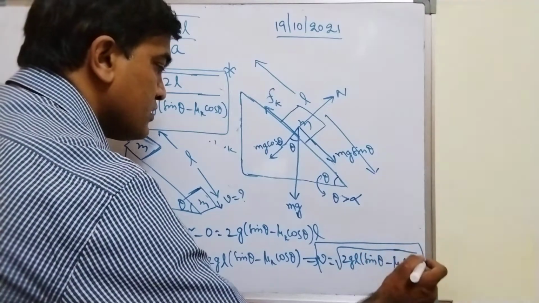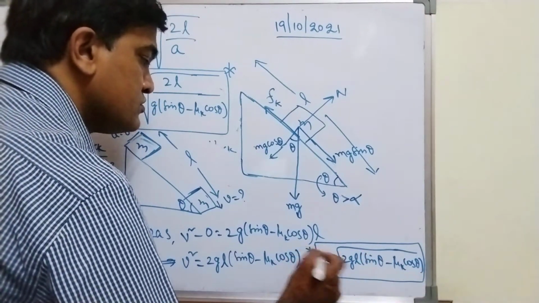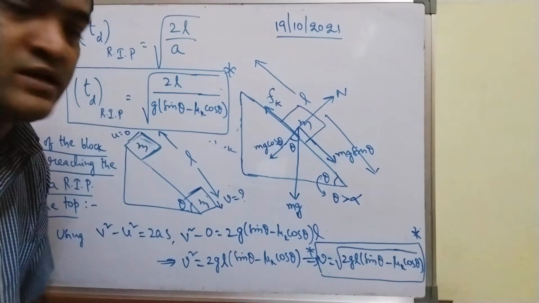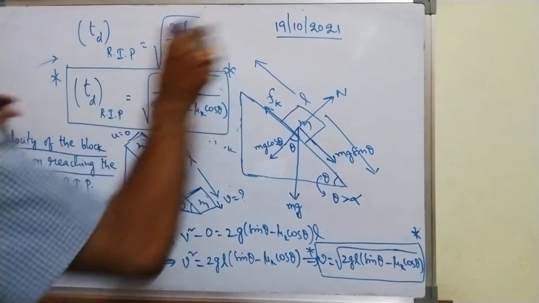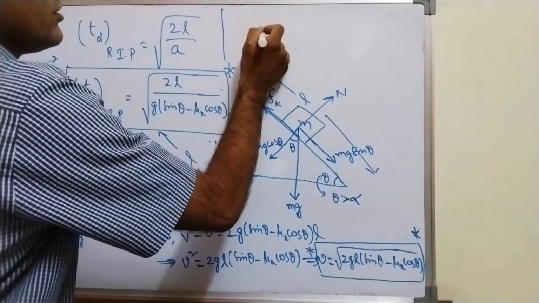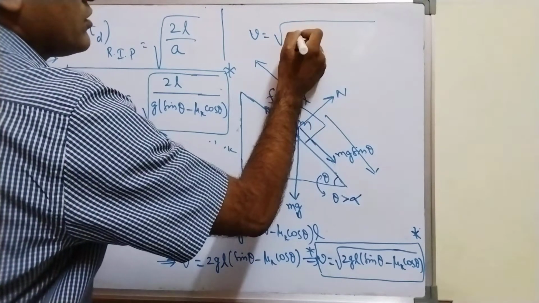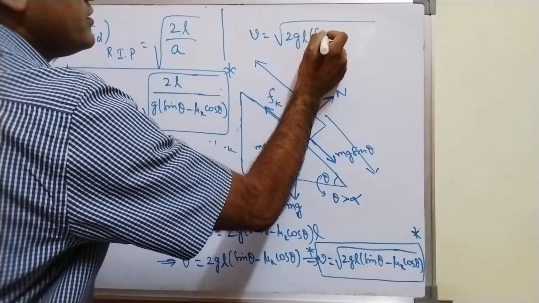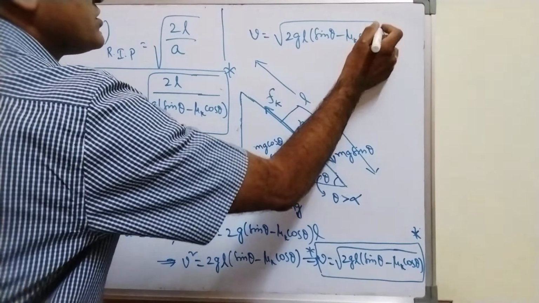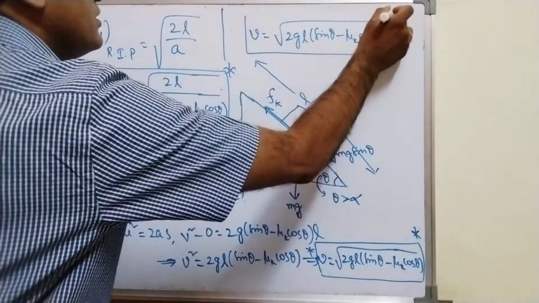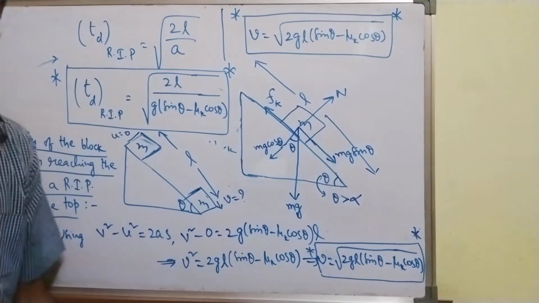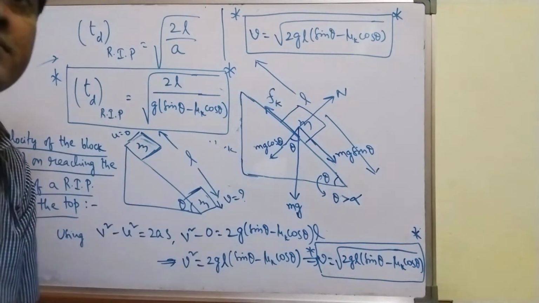So this is the formula for velocity acquired by the block sliding down the rough inclined plane.